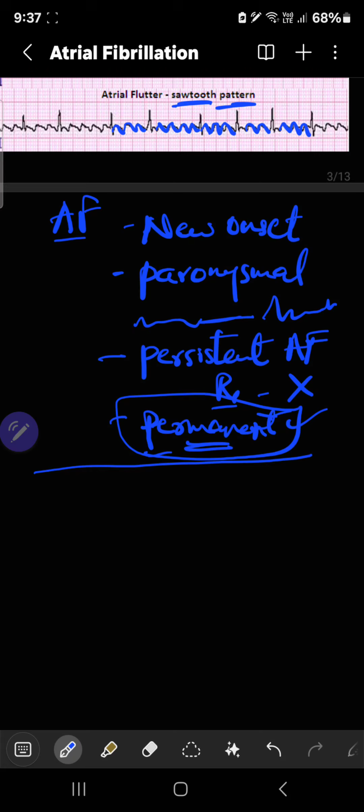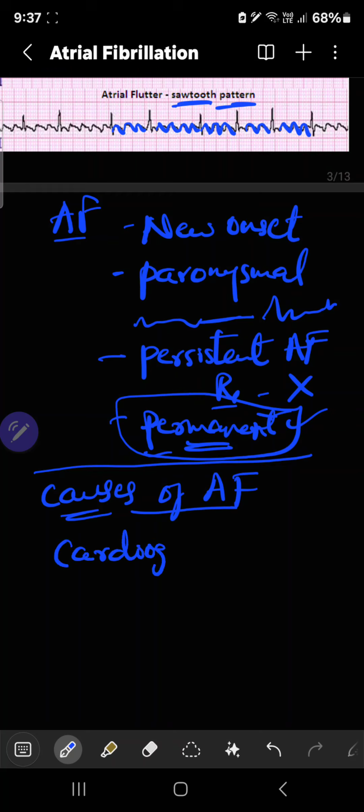Now let's go to the causes of AF. The causes of AF are cardiogenic causes and non-cardiogenic causes.